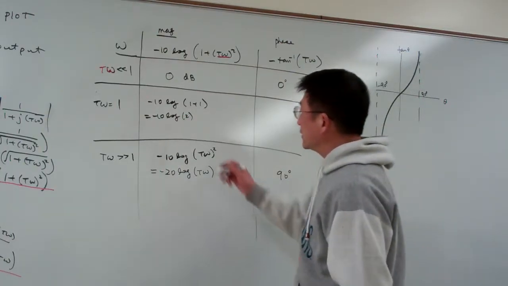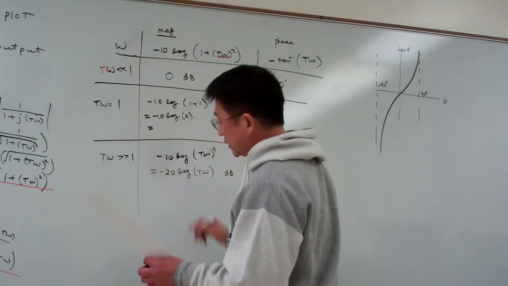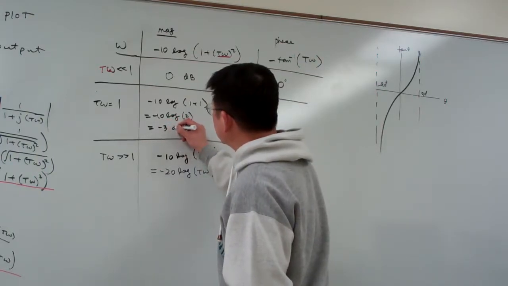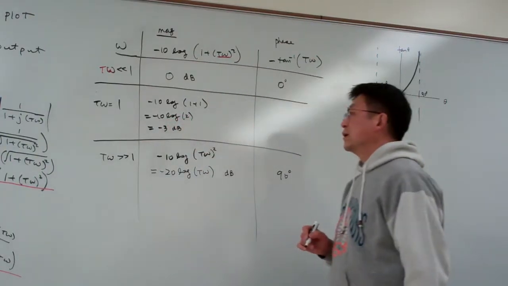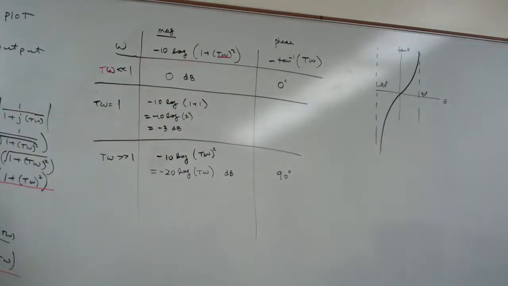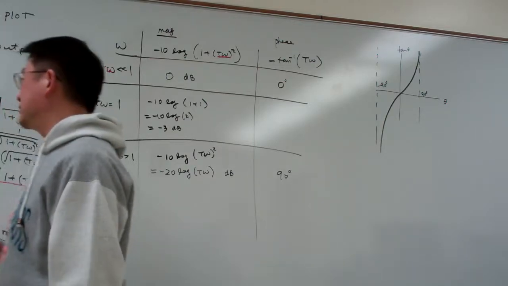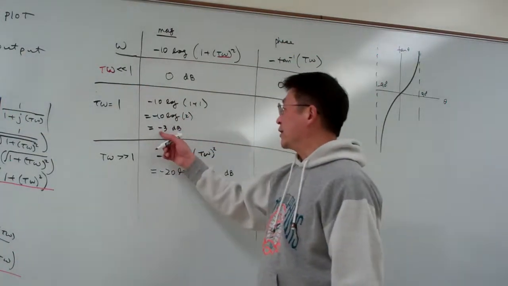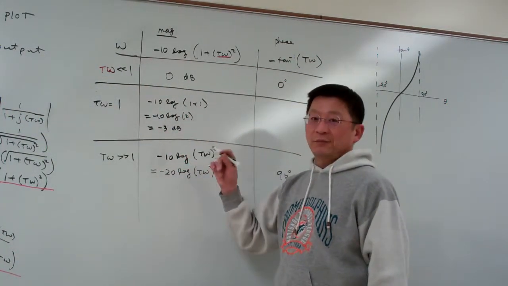Yeah. So this number will give us minus 3 dB. In the frequency domain, keep in mind minus 3 decibel is a magic number, and later when we approach the data, I will give you more evidence. But right now just keep in mind minus 3 dB is a magic number.